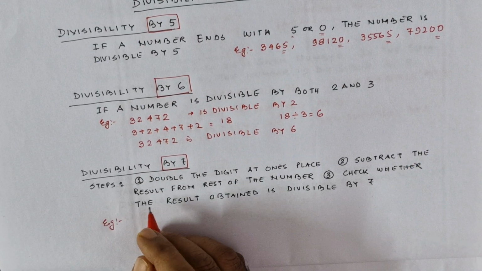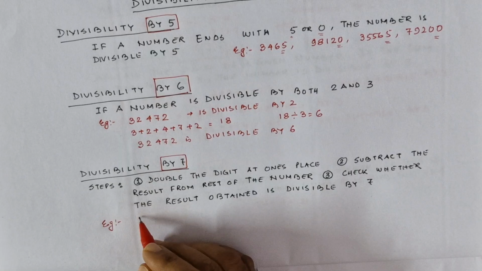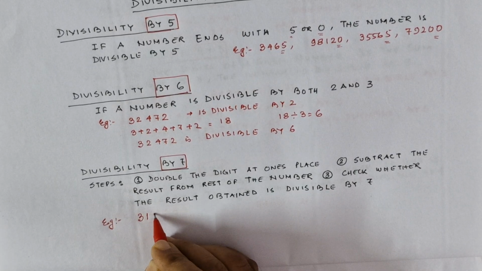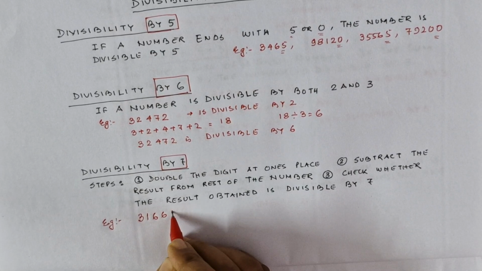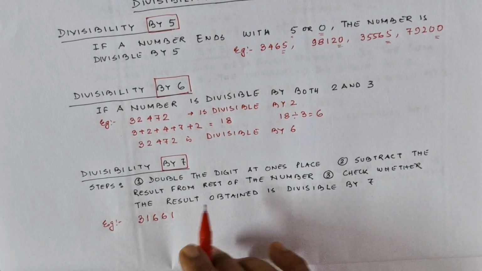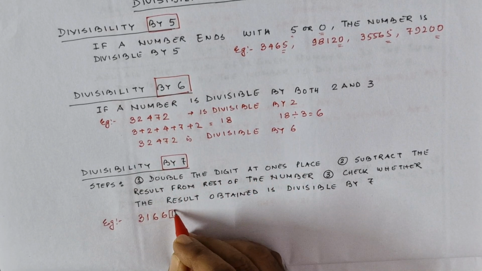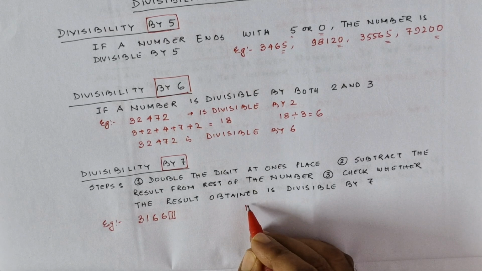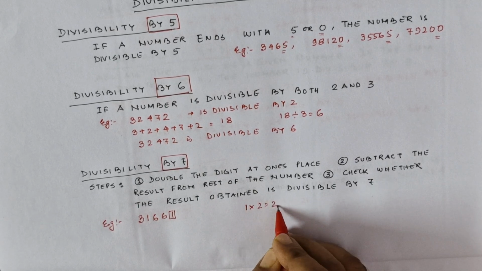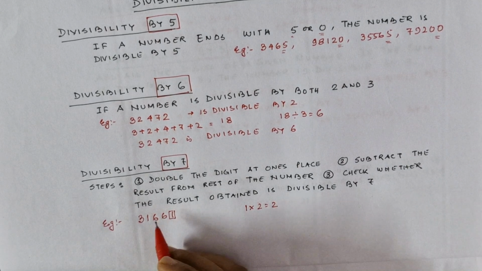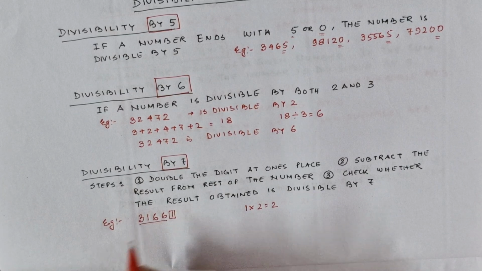So we'll take a number, 31661. Got it? So the first step is double the digit at one's place. So one's place digit is 1. So we are doubling it, so it becomes 2. So what is the rest of the number? The rest of the number is 3166.